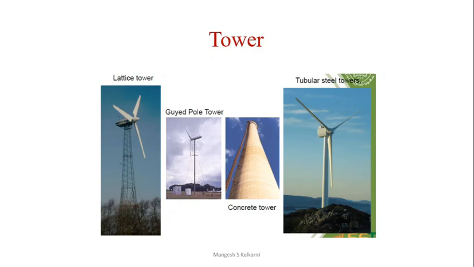Manufacturers often deliver machines where the tower height is equal to the rotor diameter. Aesthetically, many people find that turbines are more pleasant to look at if the tower height is roughly equal to the rotor diameter. Tower assembly at site can be seen in the pictures shown.